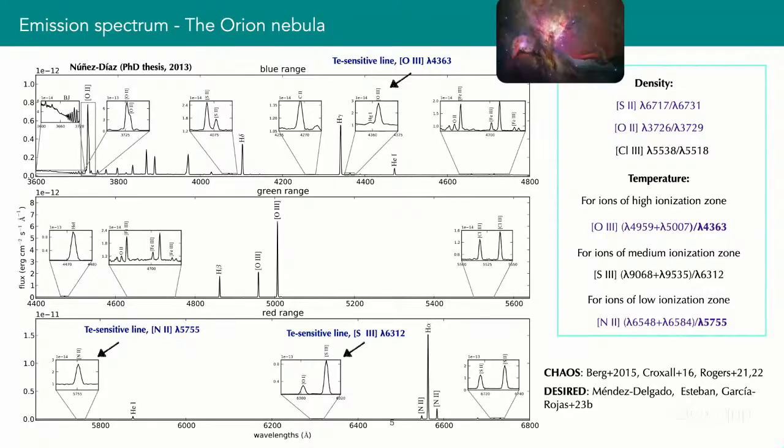We have here oxygens that we can use. We also determine densities using sulfur lines and chlorine lines. All this information that we can see here helps us constrain the physical conditions of the gas by using all these diagnostics that I showed here. There are other surveys, of course, and I have some references there.